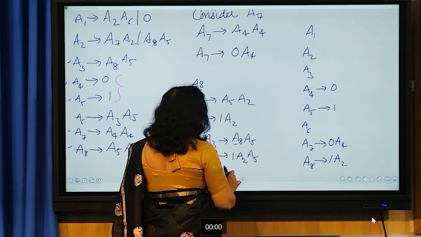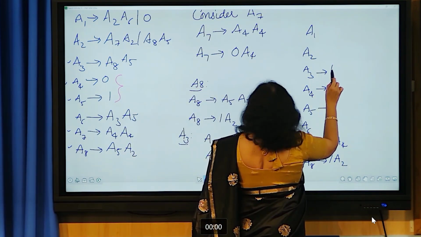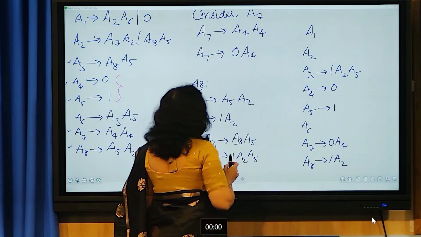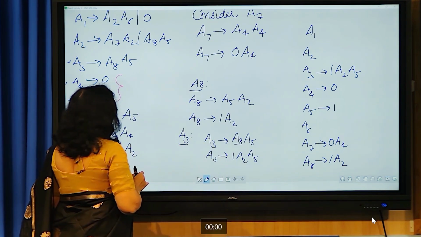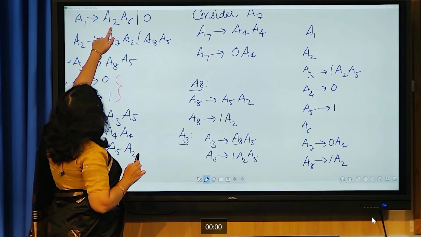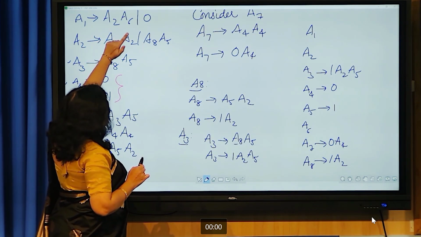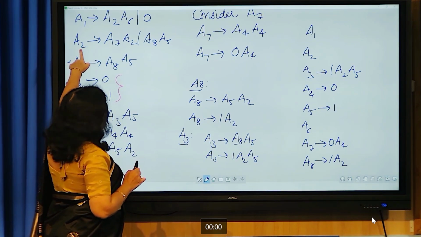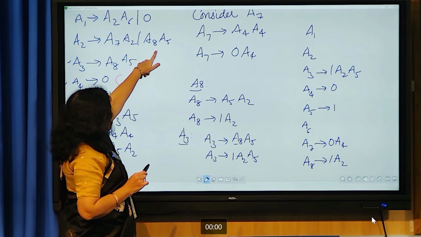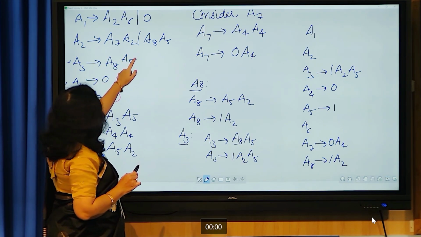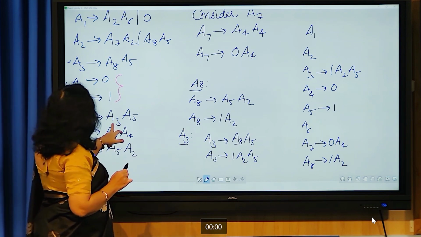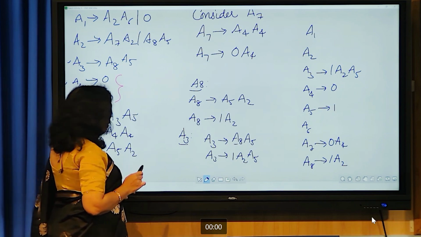A3 is 1, A2, A5. Now, we got A3 also. A2 we can't get yet because A2 is still not obtained. Can we get A2? A7 is obtained, A8 is also got, so we can try A2. What about A6? A3 is got, so we can check A6 and finish it off.